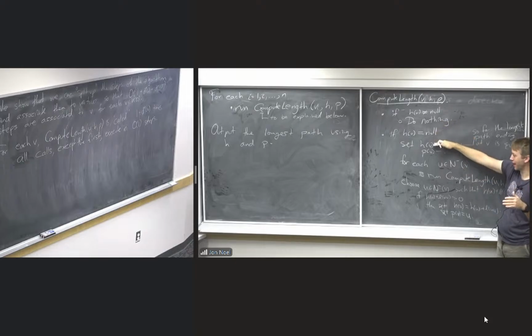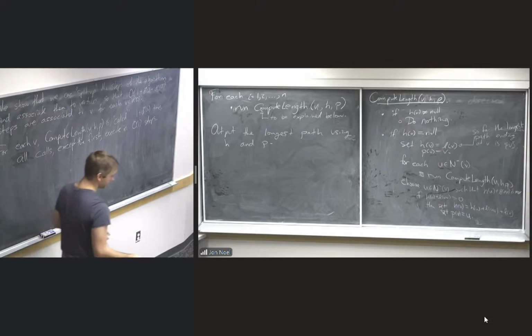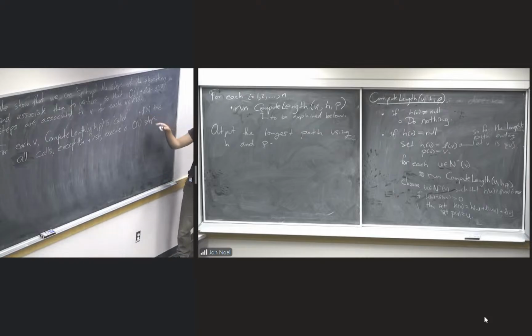They never look at any of this stuff. So only the first time does it do this. For all the calls except the first, we're getting this many per call. In total, it's adding up to big O of the out degree for all of the calls of that function except for the first one. It's one step per call, basically.